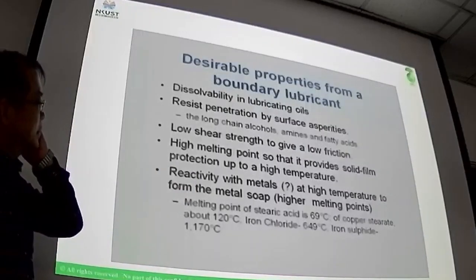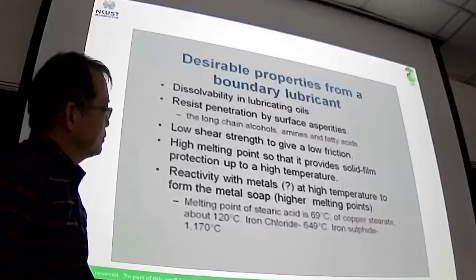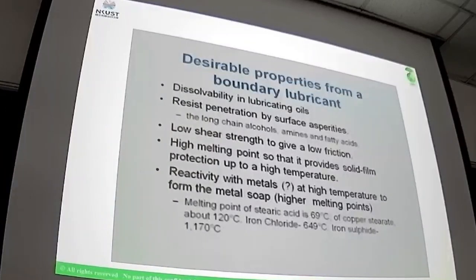Okay. So the melting point of stearic acid is 69 degrees, copper stearate about 120, iron chloride 649, iron sulfide 1170 degrees. Here are some of the properties we want in boundary lubricants.